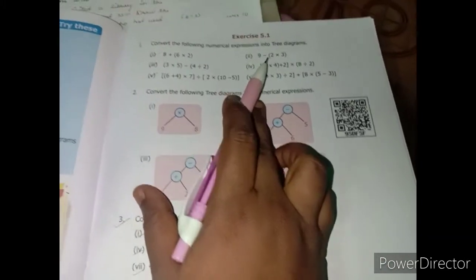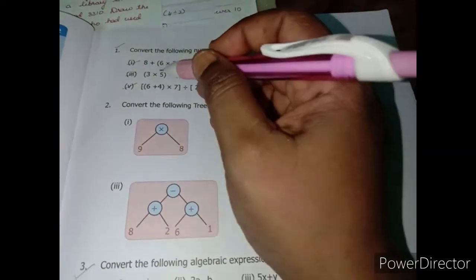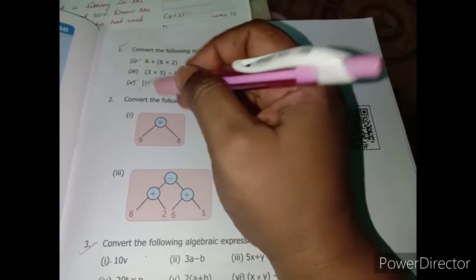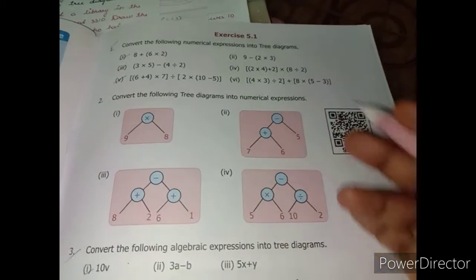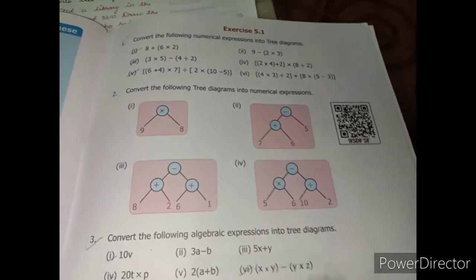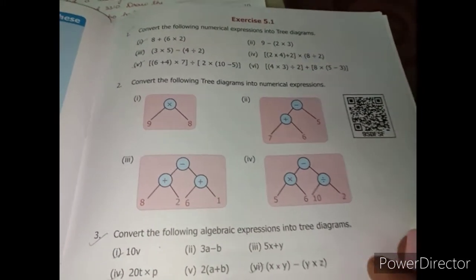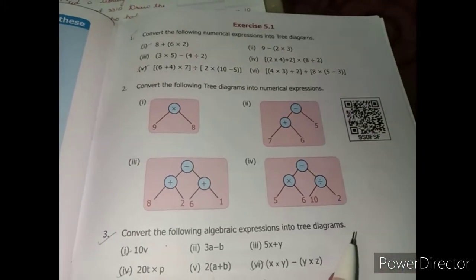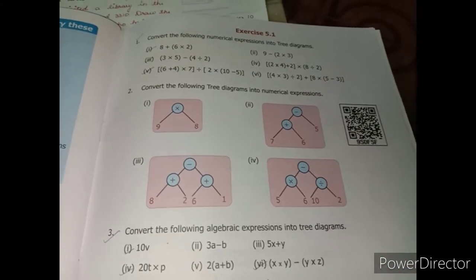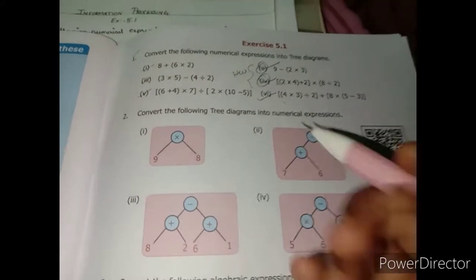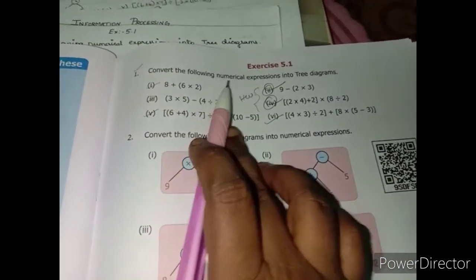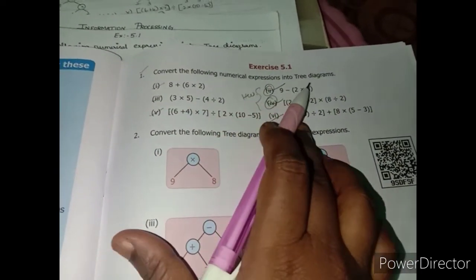I have copied the question. See here, I have marked a few questions. These are the questions I am going to do, and the other questions are going to be homework for you. It's going to be a very simple exercise. If you understand, it's very easy. See the first question: convert the following numerical expression into a tree diagram.